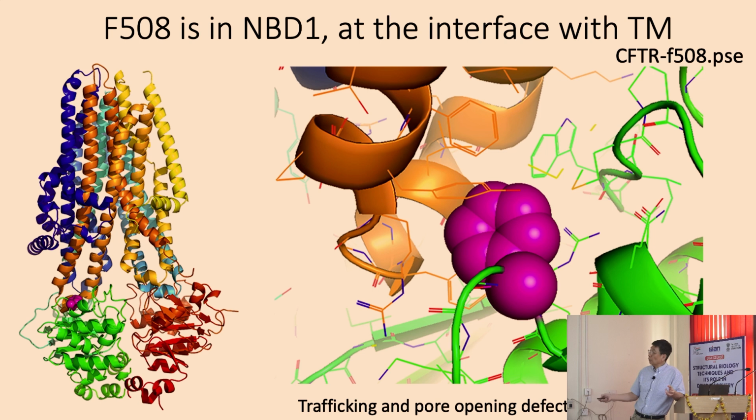So one NBD from the middle, one from the end. And then phenylalanine 508 is right here. This is part of NBD1. This residue right here sits in the large hydrophobic pocket right here. All right, let me show you the movie then.